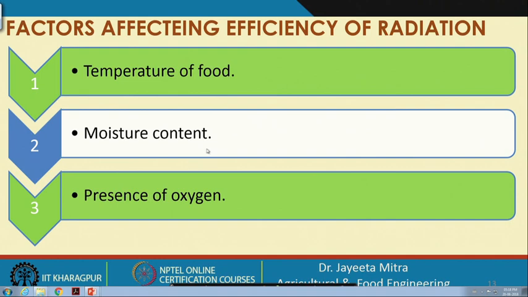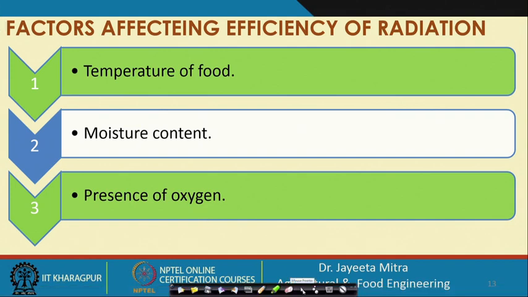Moisture content matters, because if moisture is there, the ionizing radiation will form free radicals and hydroxyl or hydroperoxyl ions, etc. Those are detrimental to the microorganism. This will help. Also the presence of oxygen, because a higher amount of oxygen will cause more oxidation, and that will kill the microorganism. So, the quantity of oxidation will increase.